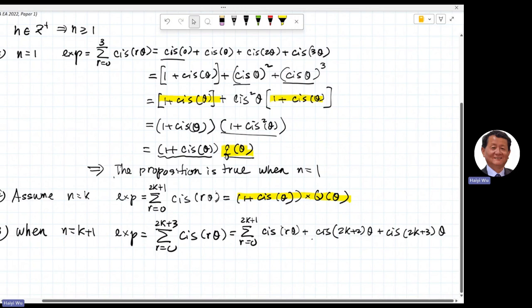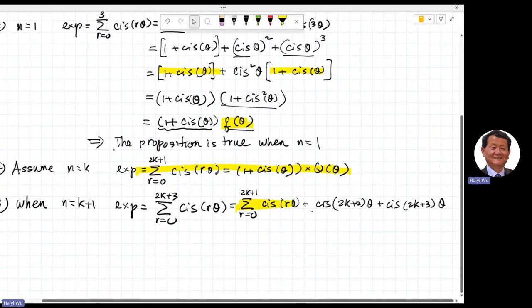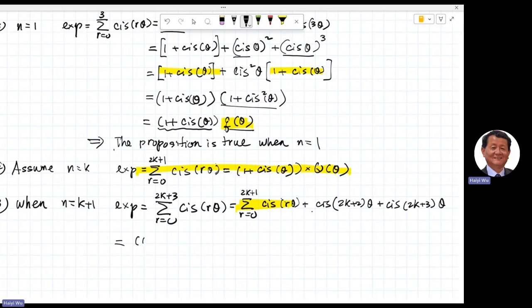All right, now we're going to use the assumption from step number 2 and substitute. According to the assumption, the sum will be 1 plus cis theta, bracket, times Q theta.